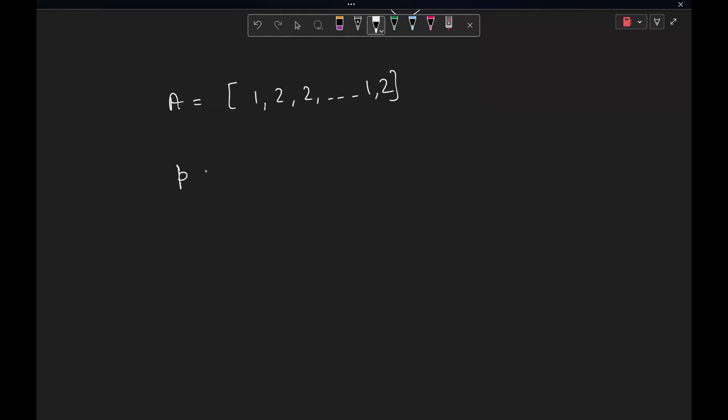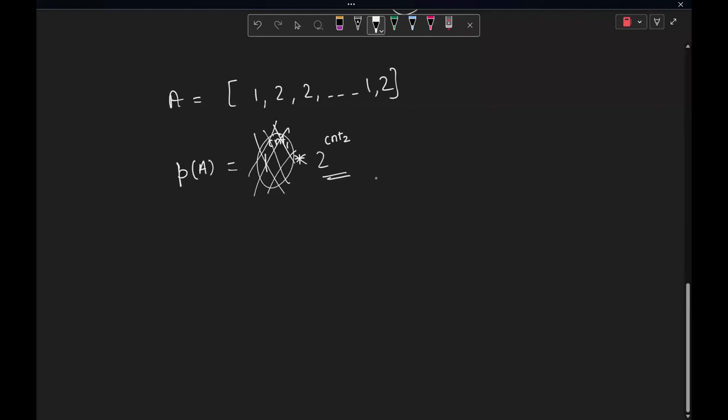The product of the array, let's call it PA, would be equal to 1 raised to the power the number of times 1 has been coming into 2 raised to the power the number of times 2 has been coming. Now 1 raised to the power anything would still remain 1, so you can just ignore this thing. So the product of the array will be equal to 2 raised to the power the number of times 2 has been coming, and we want to represent this thing as k raised to the power 8.